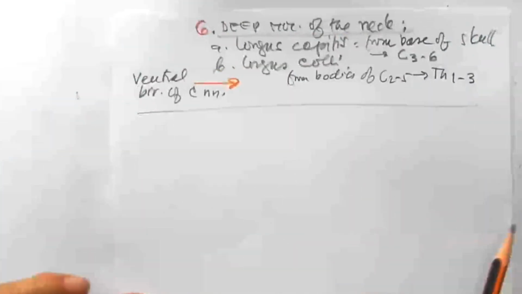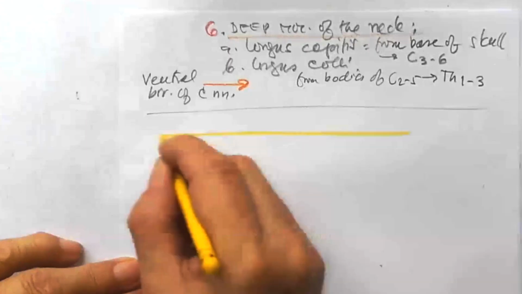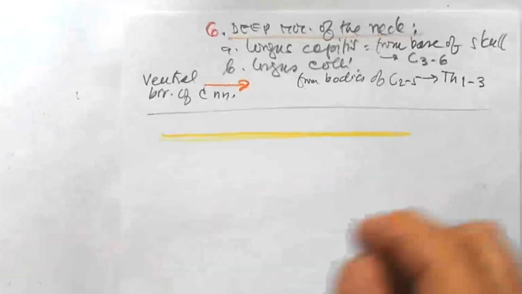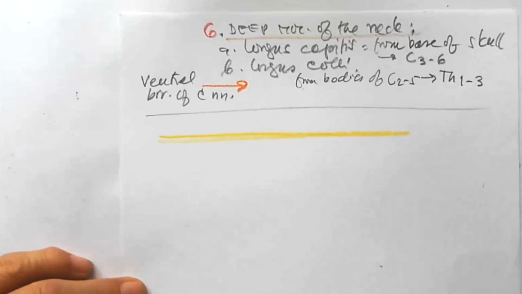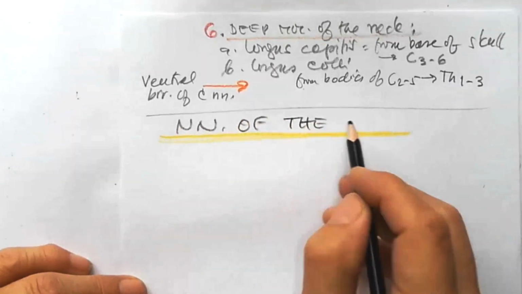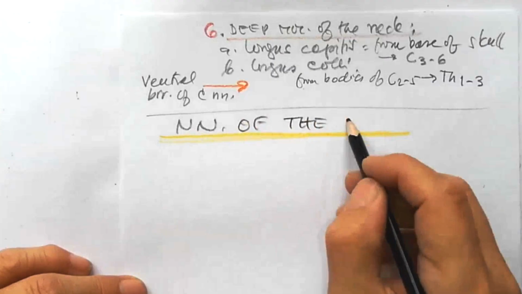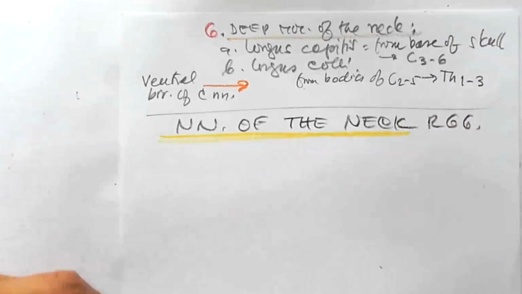And when we speak about the muscles, we have to say also some words about the nerves. So very quickly, a short review of the nerves, because we remember from the introductory lectures where you were informed about the innervation. Just to say, nerves of the neck regions, or cervical regions, are in plural.